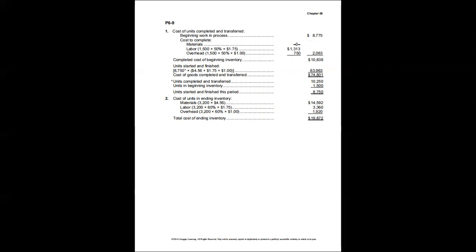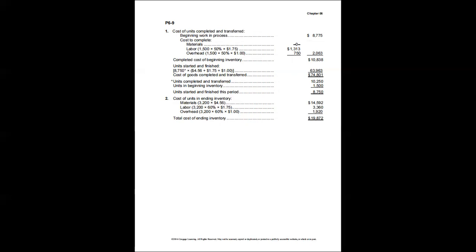Beginning work in process is given 8,775. Cost to complete materials is 0, because you are given at the beginning of the month 1,500 pounds were in process, 100% complete as to materials and 50% complete as to labor and overhead.